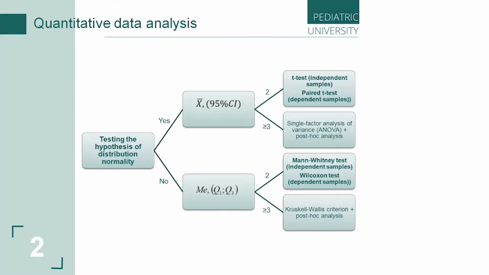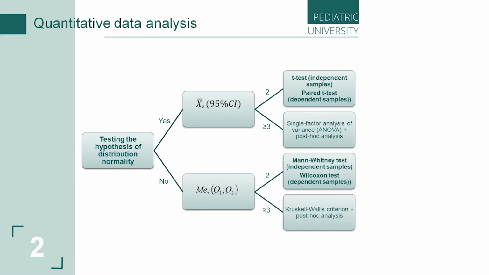So if we have independent samples, we must use Student's t-test for independent samples. But if our samples are dependent, we should use the paired Student t-test, which is slightly different.